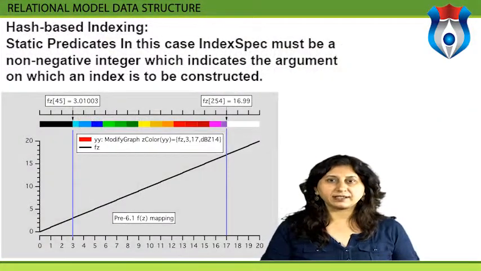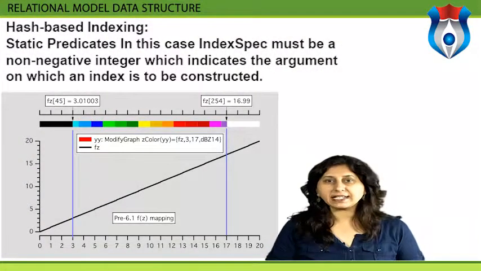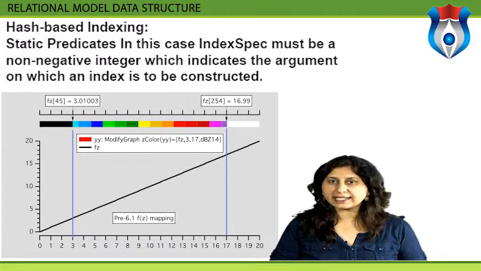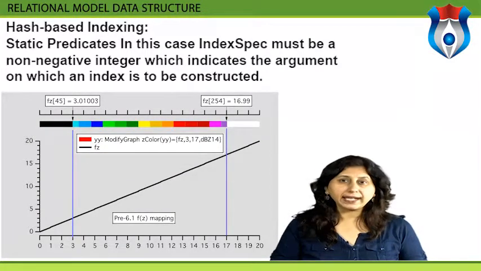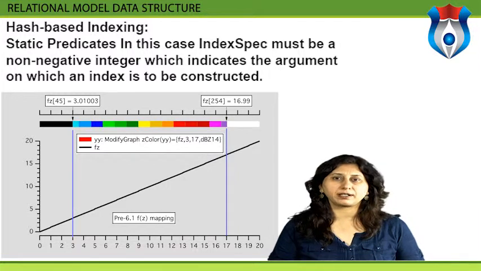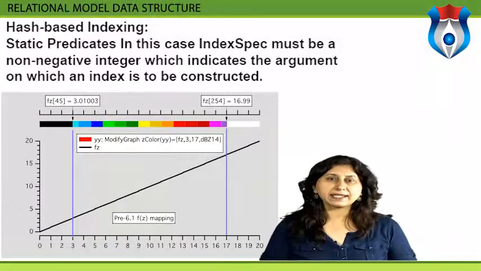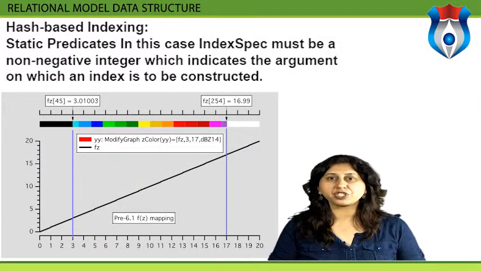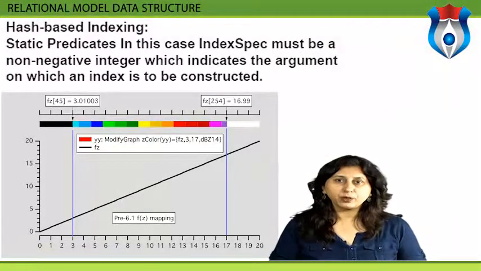Static predicates: in this case, IndexSpec must be a non-negative integer which indicates the argument on which an index is to be constructed. If IndexSpec is 0, then no index is kept, possibly an efficient strategy for predicates with only 1 or 2 clauses.